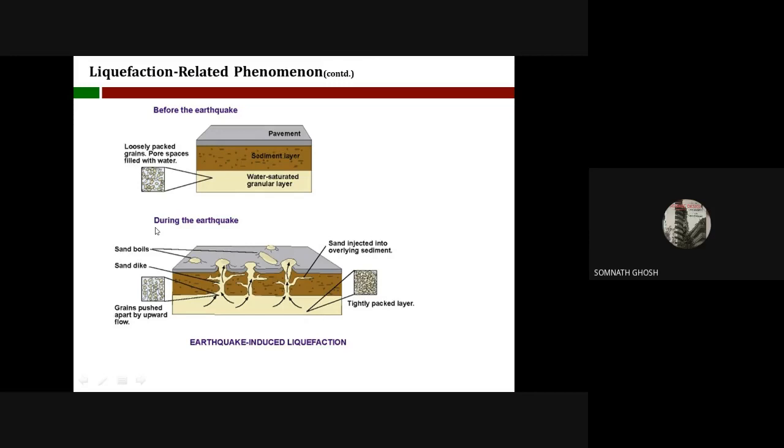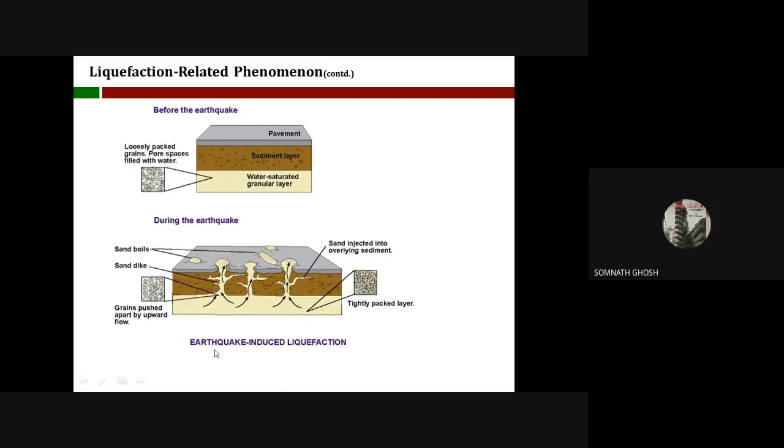Now you think about this kind of thing. Before earthquake, suppose this is the pavement, this is the sediment layer, and this is the water saturated granular layer. Okay, like this, loosely packed, and pore spaces are filled up with water.